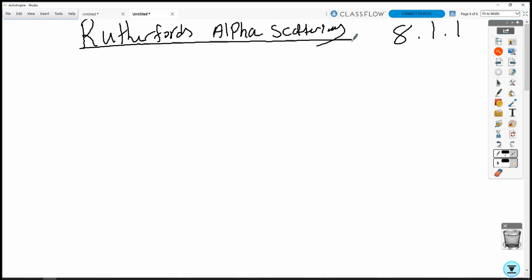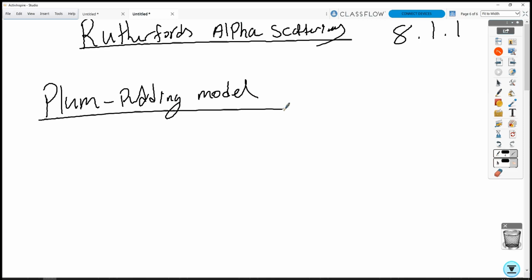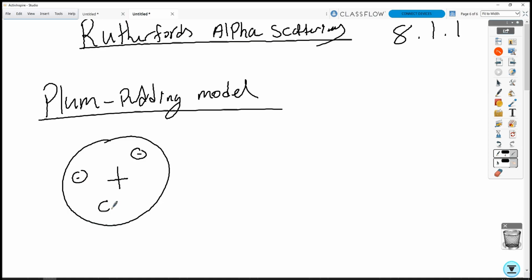Now, prior to the nuclear model of the atom, there was the plum pudding model, which was given by J.J. Thomson. The plum pudding model had the atom as one large body of positive charge with smaller negative charges embedded within it.